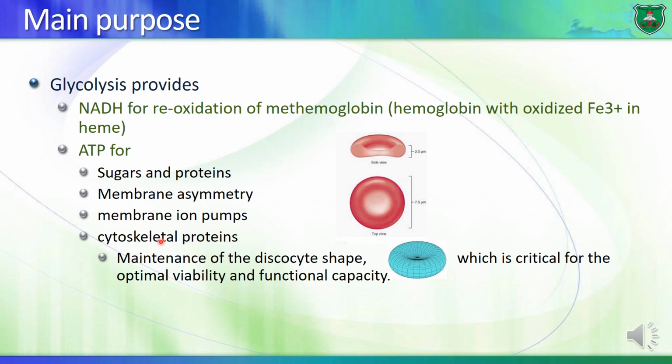These proteins are important for altering the morphology of red blood cells, so they maintain the discocyte shape. That's how it looks. It's important for the function of these proteins so that red blood cells can squeeze through the narrow capillaries to reach tissues.